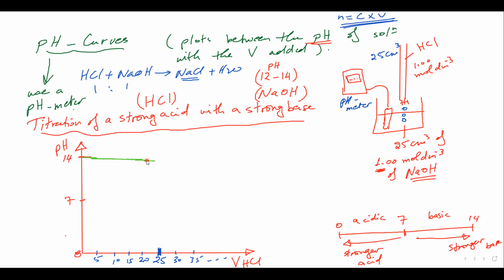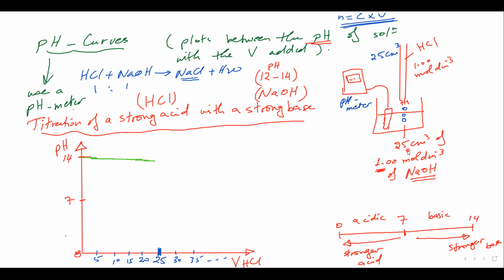And why is the pH slightly decreasing? Because when you add HCl to the sodium hydroxide, the volume of the whole solution increases. At the beginning, it was 25. But when you add another 20 centimeter cube of HCl, the total volume will be 45.